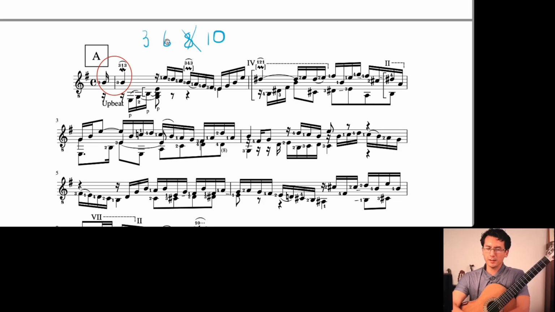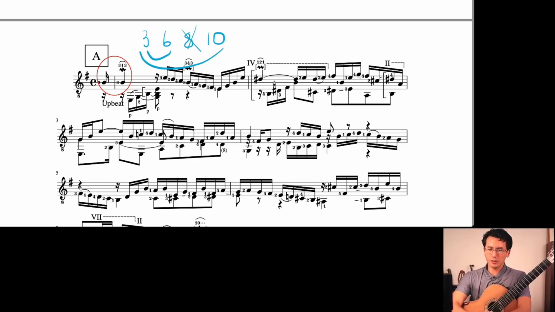But the third, the sixth, and the 10th are really special because they all derive from the third. And the third is where chords come from. The third is present in the harmonic series. If you go, right, there's the third right there. It's the harmonic, G sharp. It's a major third. It's pretty close to the fundamental pitch. So this is an interval that occurs in nature, the third.